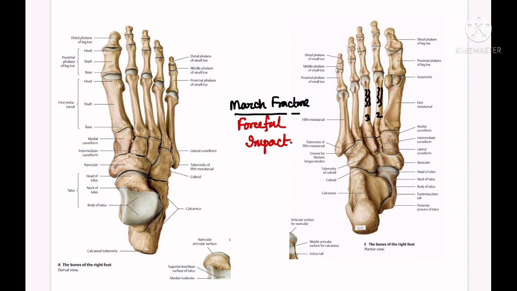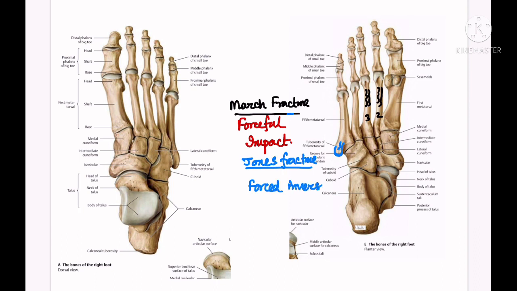There is another term you have to remember, called the Jones fracture. What is that? A Jones fracture is defined as a fracture of the styloid process of the fifth metatarsal, and this usually occurs when there is an attempt of forced inversion of the forefoot.